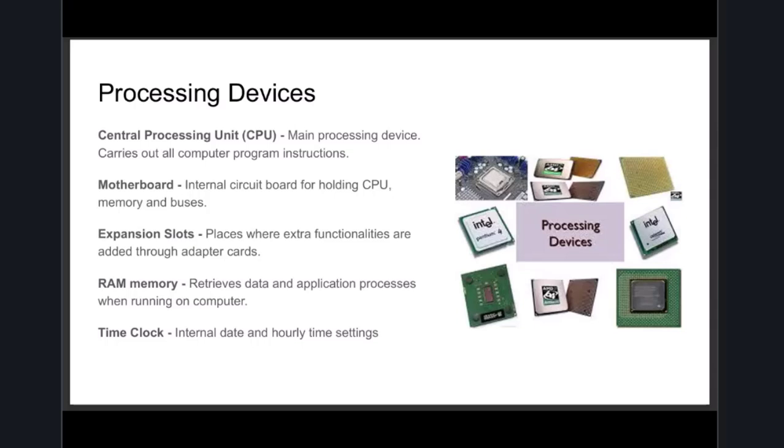Some common expansion slots you will see will be graphics cards if you're into high speed or streaming services or gaming. We also use expansion slots if we want to increase the capacity of our computer's memory and storage. Now let's go ahead and talk about the last component of our computing basics, which is storage.